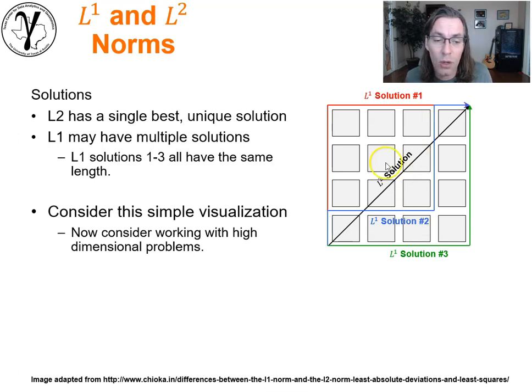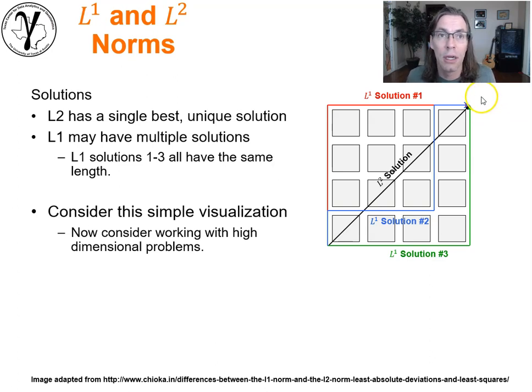Okay, so basically what's happening. You can imagine that if I was working in a system where I'm trying to find the shortest path between this point and this point, the L2 solution has only one solution. The straight line would be the solution. But if you look at an L1 solution, it is behaving like a city block solution.